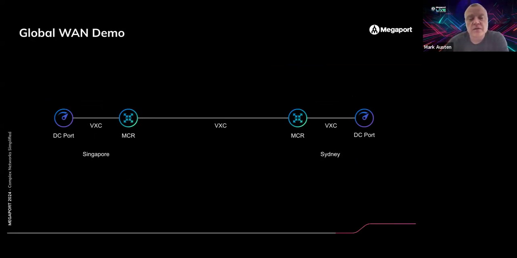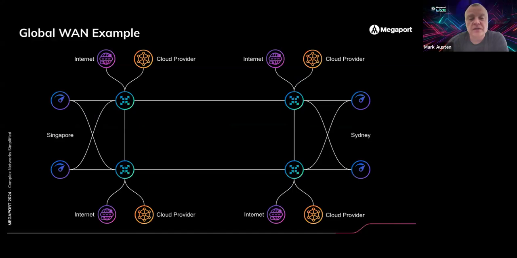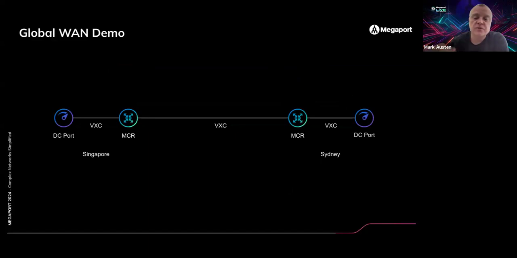So if you look at the previous slide, it's just the bottom half of the slide without the internet and the cloud provider. So it's quite easy once you've built that to then replicate the other components.